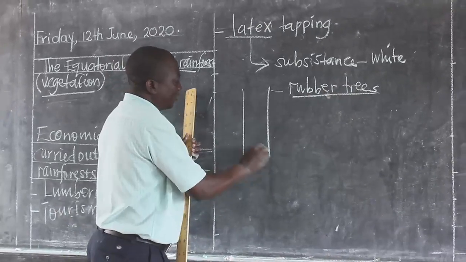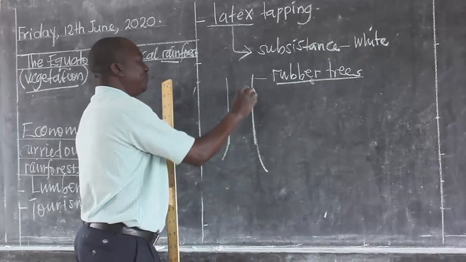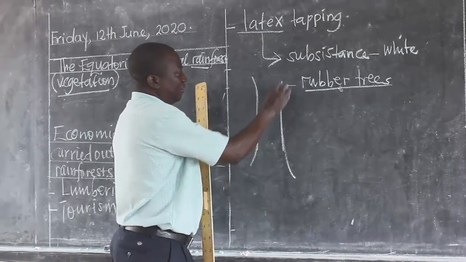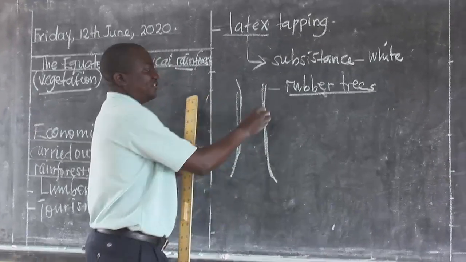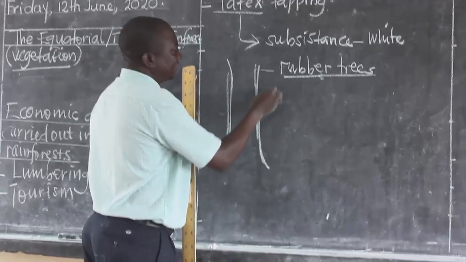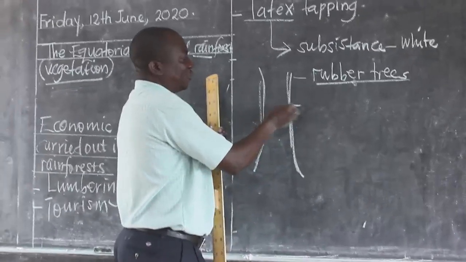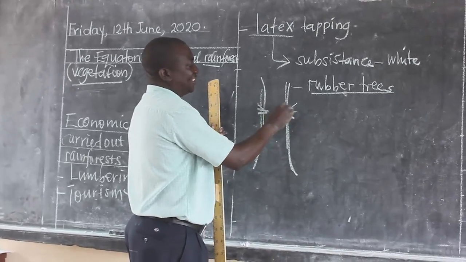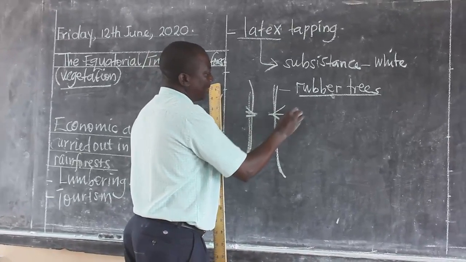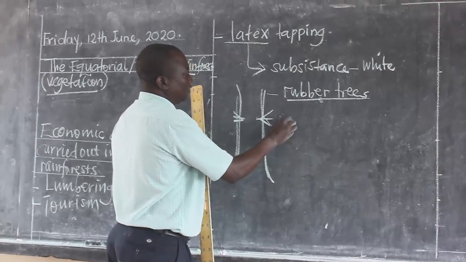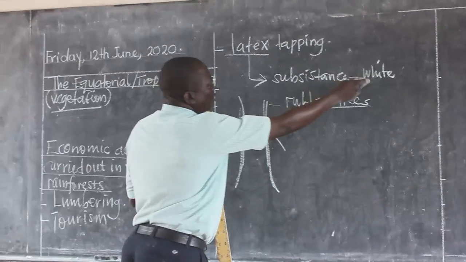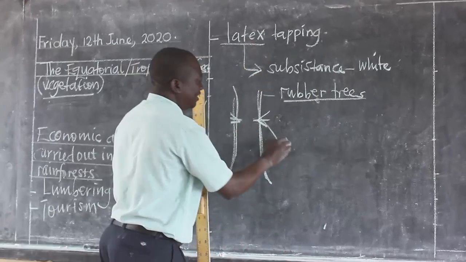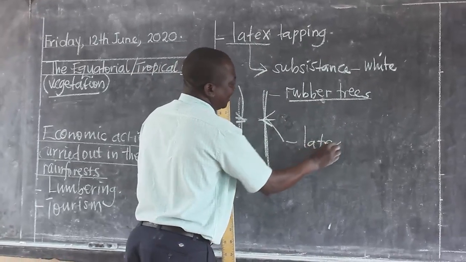Now, when we talk about tapping, we assume it is a tree. The people have their equipment that they use to cut, so as they cut, the sap will flow out, which is white in color. That is what is termed as the latex.